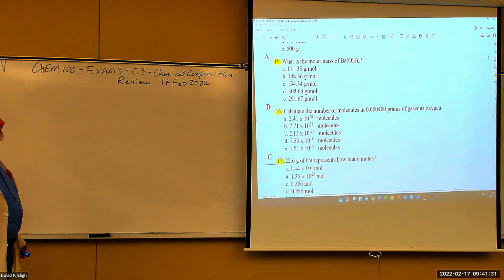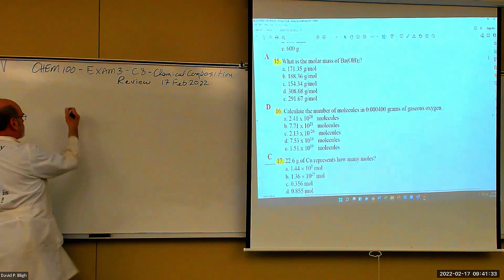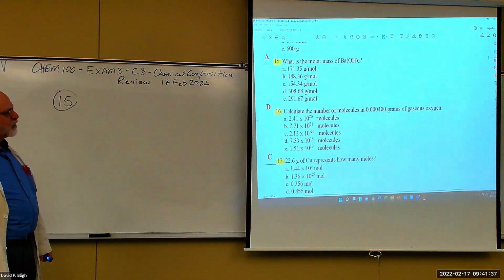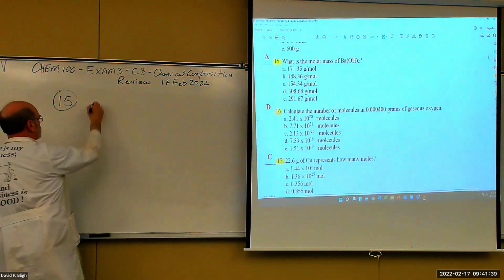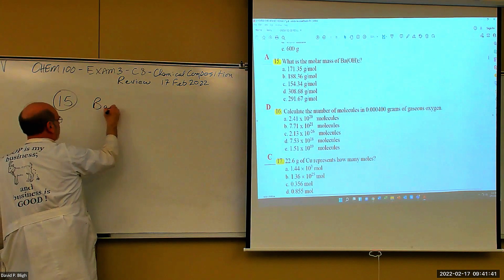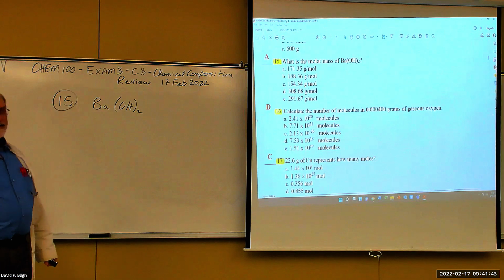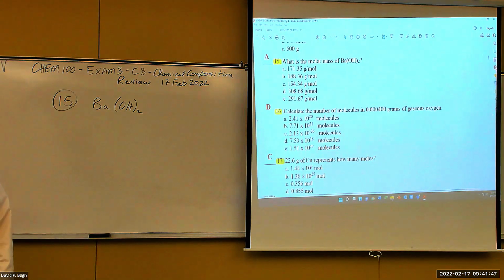All right, 13, 15. What's the molar mass of barium hydroxide? Okay. Yeah, we're going simpler now. So barium is a big atom, right? It's way down toward the bottom of the alkaline earths. 137.33.